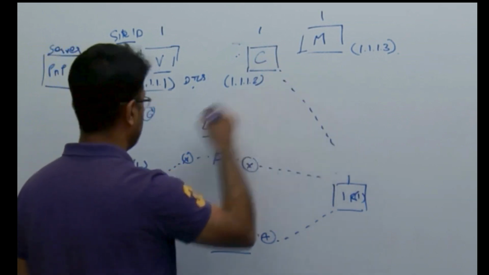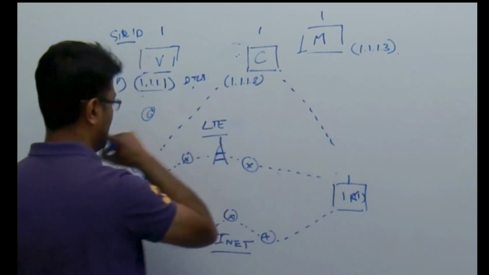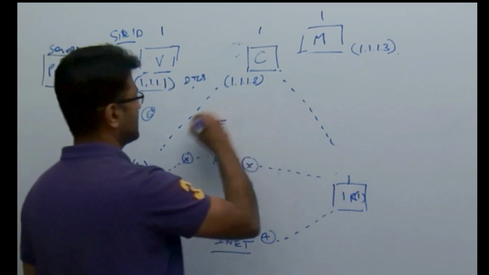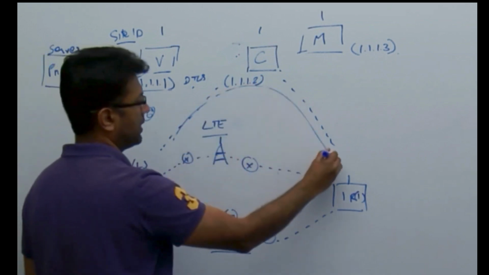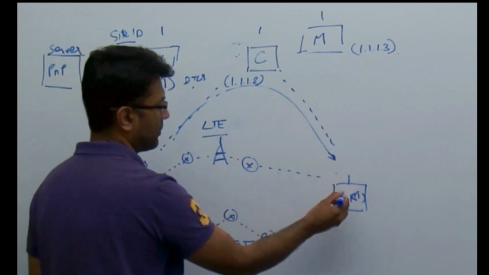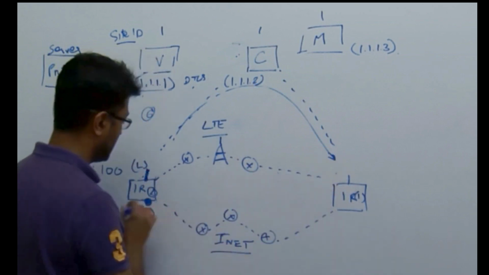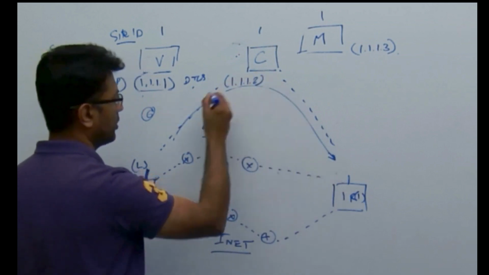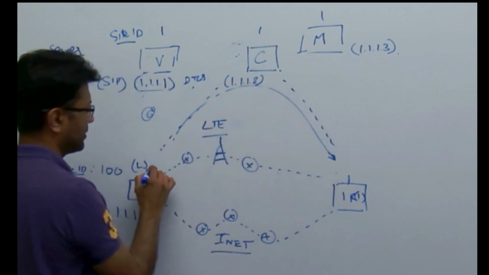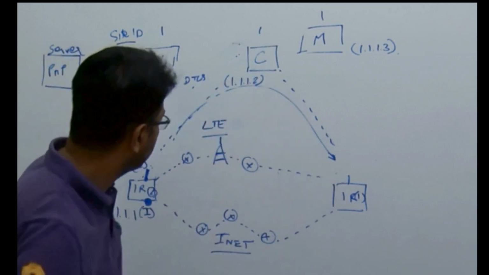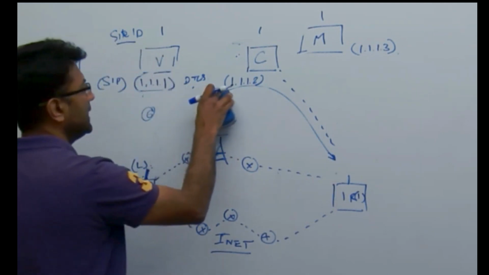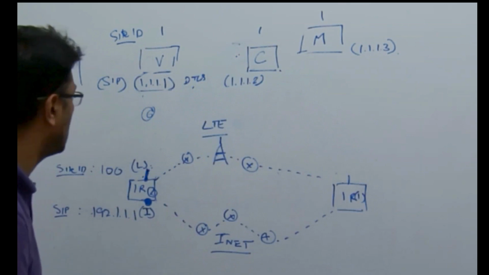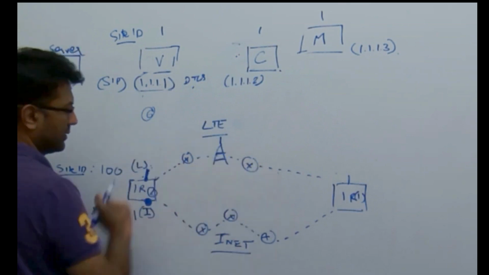So we have the T-lock from IR2 that's sent down to IR1. The T-locks from IR1, which are LTE and iNet, are sent from IR1 through the controller. The controller reflects it back to IR2. So now each of these IRs, or the edge devices, the routers, they know how to get to each other, right?